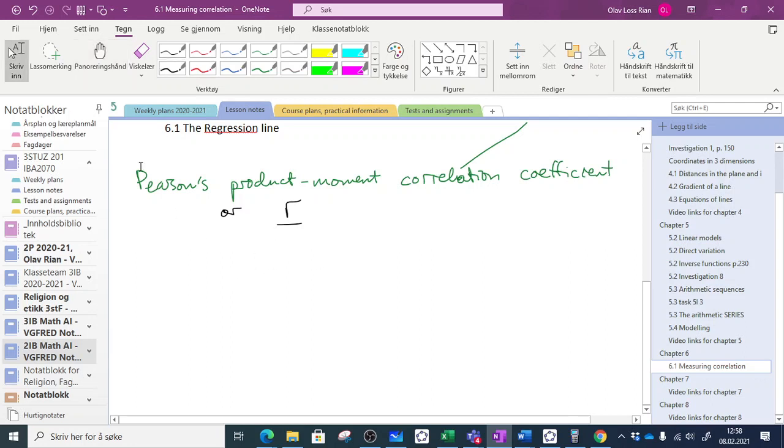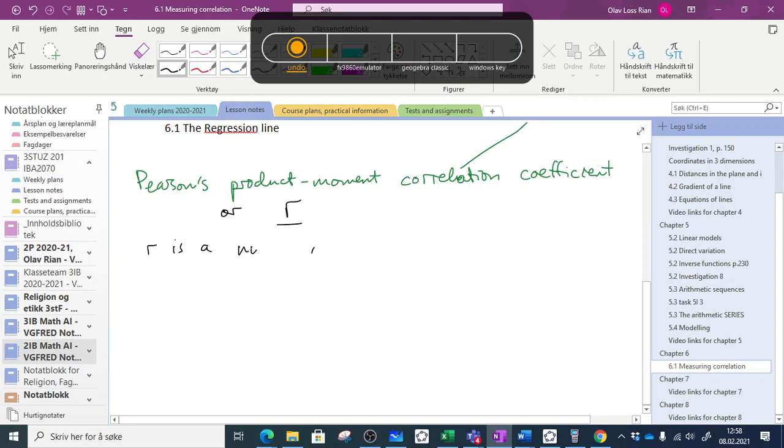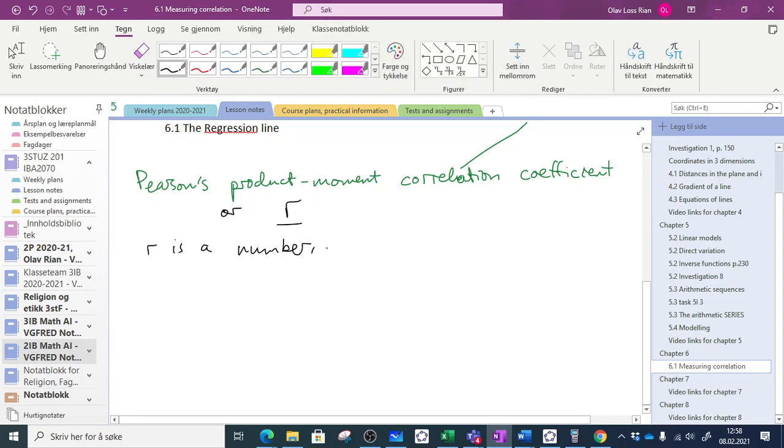But let's see. Yeah, R is a number or a numerical value that indicates the strength of the correlation.